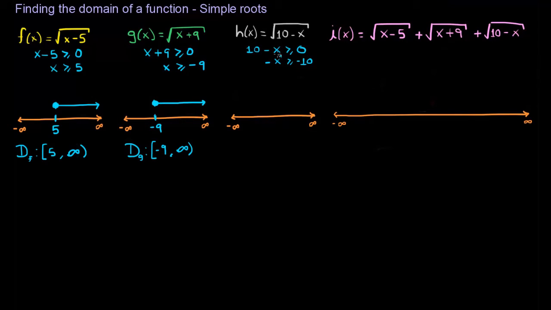Now here's the thing: in order to take away this negative symbol from the x, you have to multiply by negative 1 both sides of the inequality, and you will get x and here you will have a 10. But when you multiply by negative 1, you have to switch the symbol. So it will be x lesser or equal than 10.